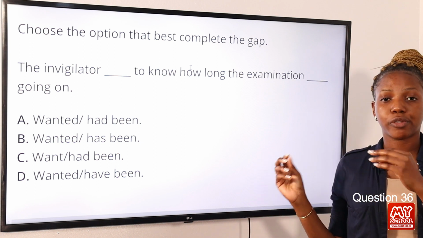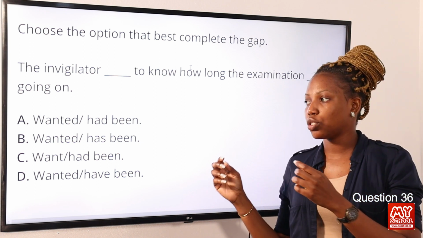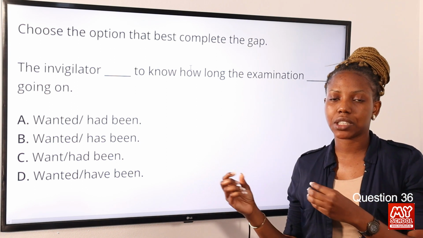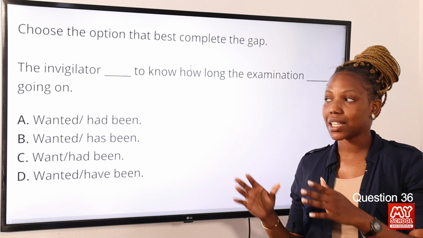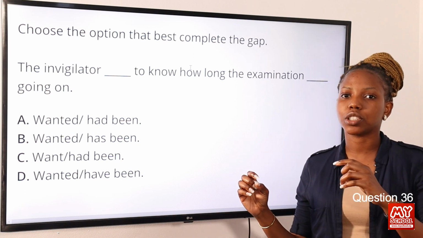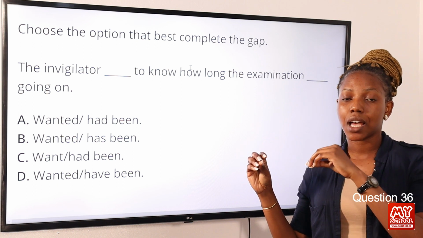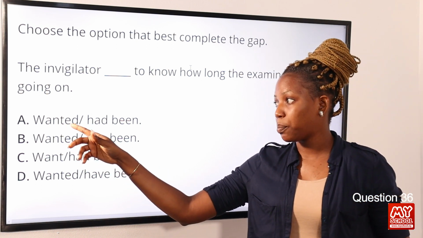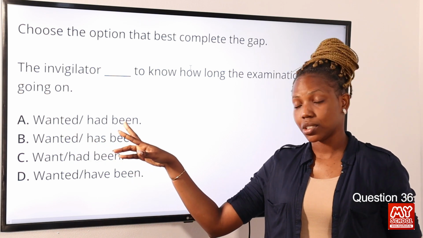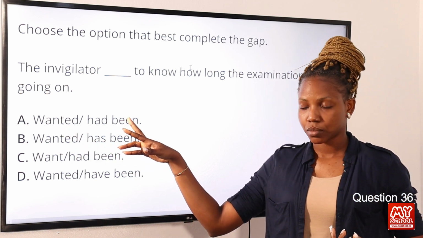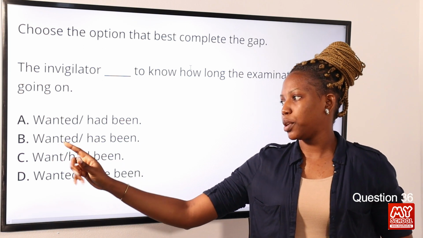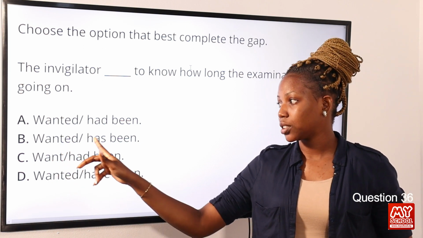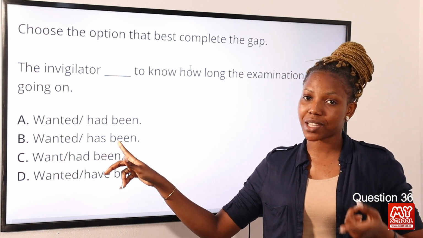Now, for this type of question, you have to look at the options provided and see if the tenses agree. That is the best way to answer this question, because present tense can fit in as well as the past tense can fit in. So, option A, wanted, past tense, had been, also past tense. Option B, wanted, past tense, has been, which is a present perfect tense.